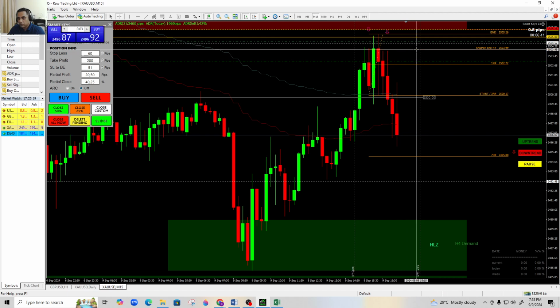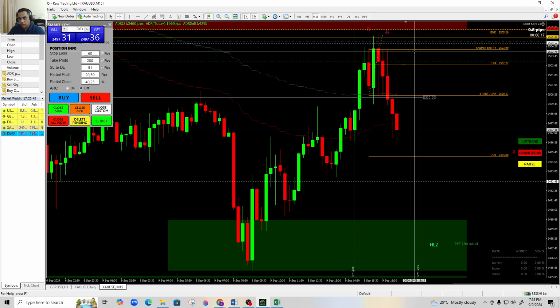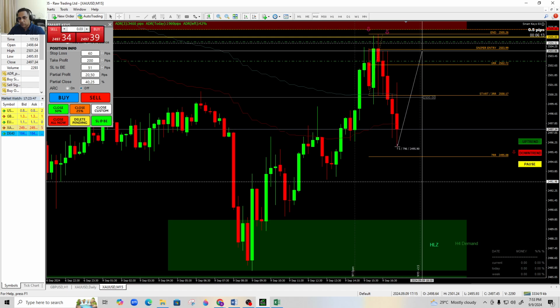If I got in here, then by the time the trade touches 7RR, I would take out 80% or 85% of my position. My stops would automatically be at break even at this point because it's set to stop loss at break even around 50-51 pips. So price has obviously moved a lot more than that. It's moved to 79 pips, right?